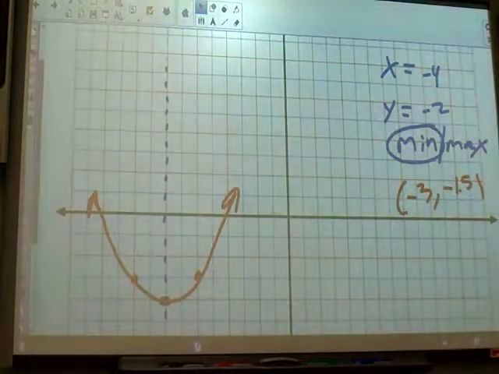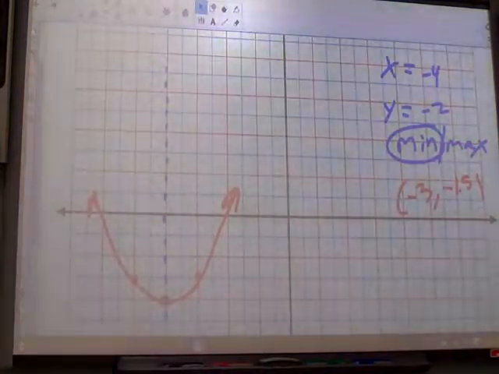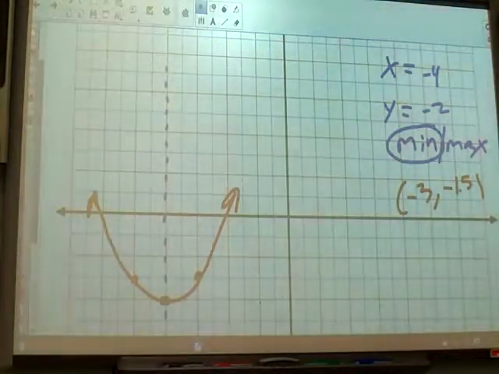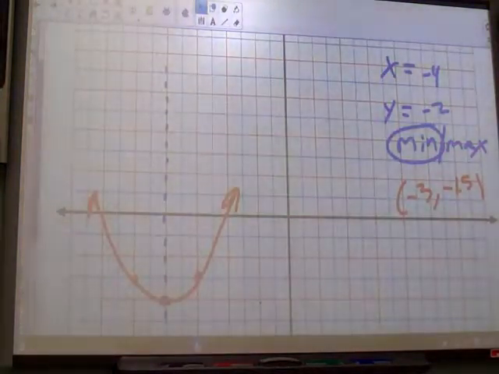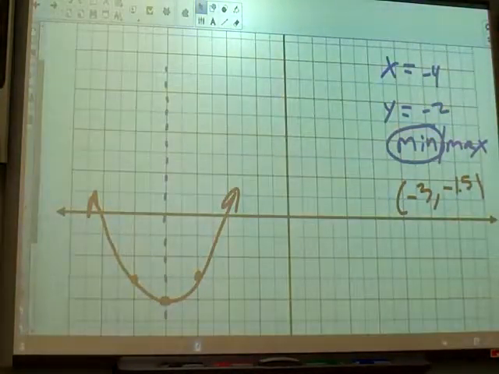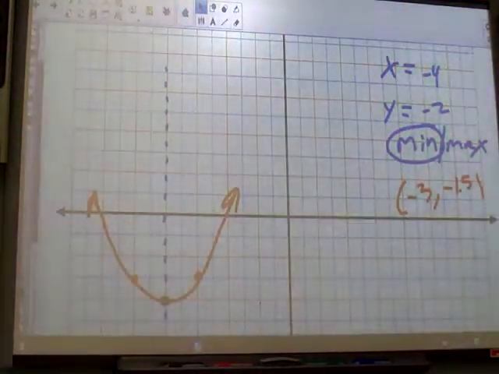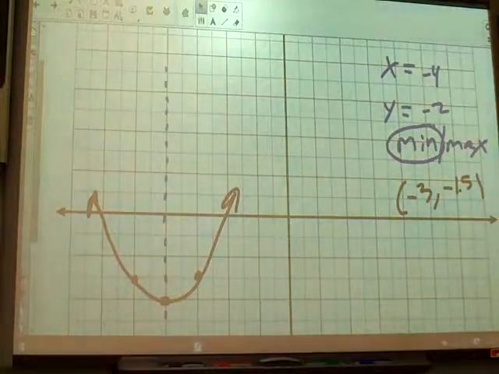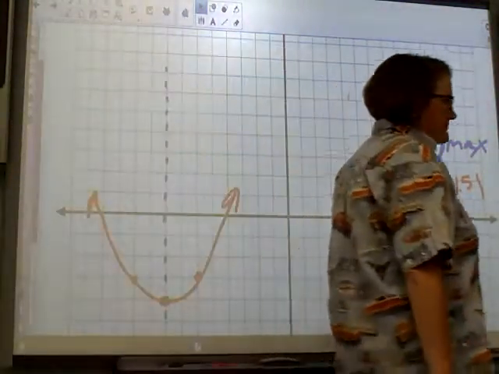So I might be able to say here, when my A is less than 1, my graph is more wide. When my A is greater than 1, my parabola is more narrow. Good job. Seems to always be a question about that on test time.